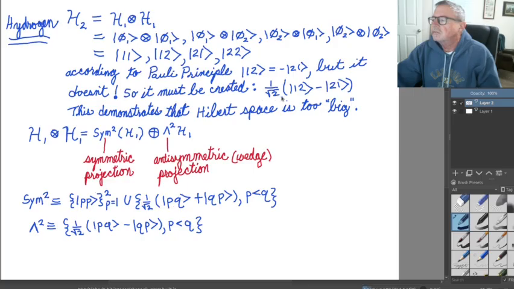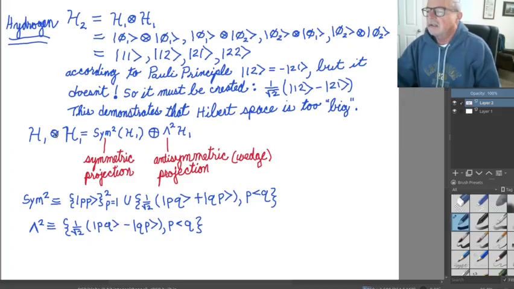Okay, let's look at some tools that can build in these antisymmetric states. Here's the 1 electron Hilbert spaces with a tensor product. And the result of that is the symmetric projections of those Hilbert spaces and the antisymmetric wedge projections, which would be considered a wedge product.